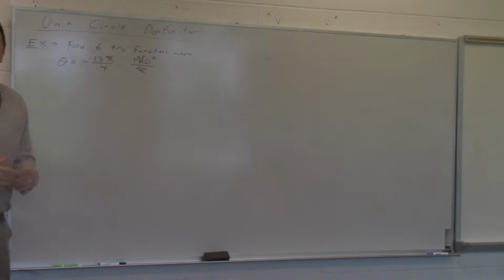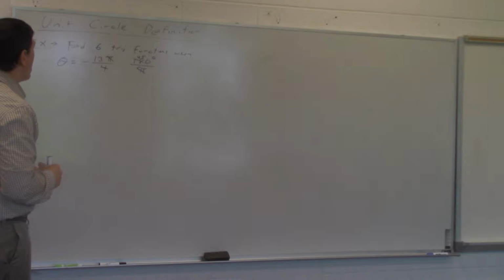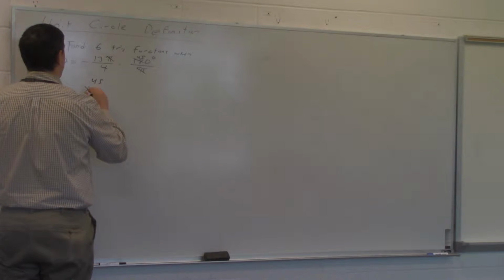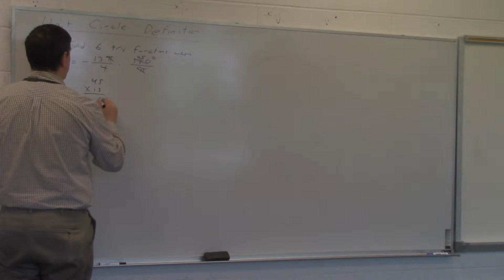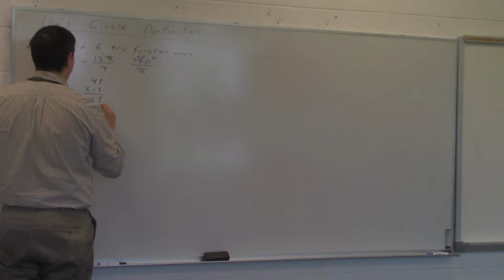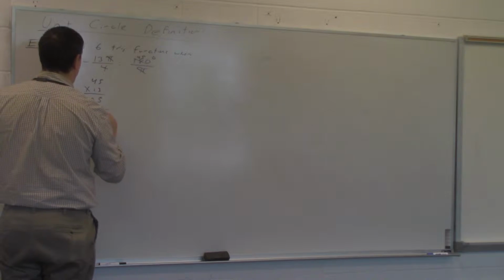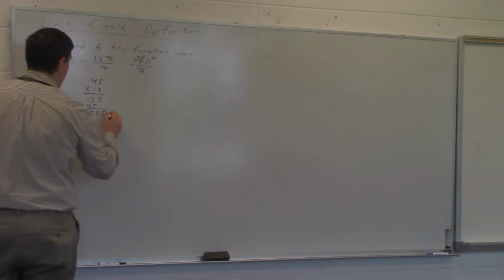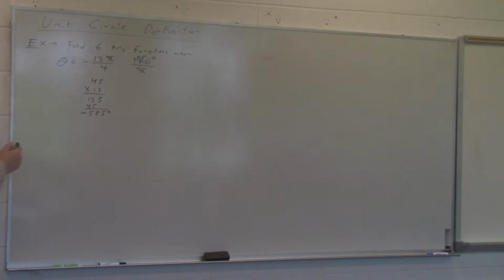Unfortunately, I don't have my calculator with me, so I know that I'm going to take 45 multiplied by 13, so this gives me 135 and 45, so I end up with 585 degrees. That's going to be negative. So negative 13 pi fourths is negative 585 degrees.